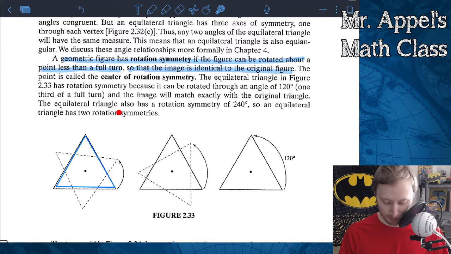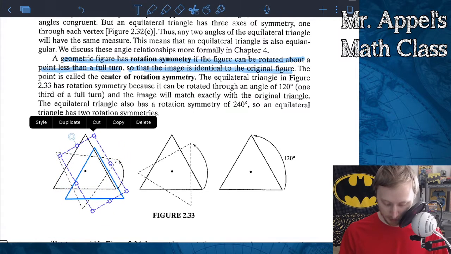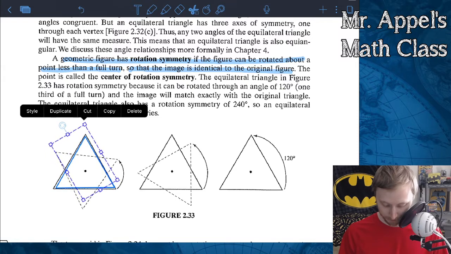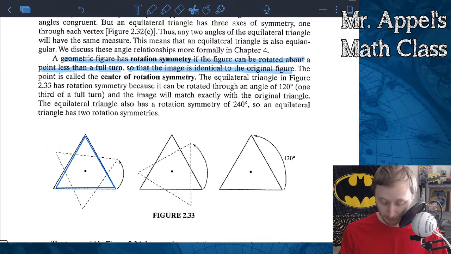The equilateral triangle also has a rotation symmetry of 240 degrees, right? Because I could rotate it again the same way. So an equilateral triangle has 2 rotation symmetries. That's a good conclusion to remember. Equilateral triangle has 2 rotation symmetries.